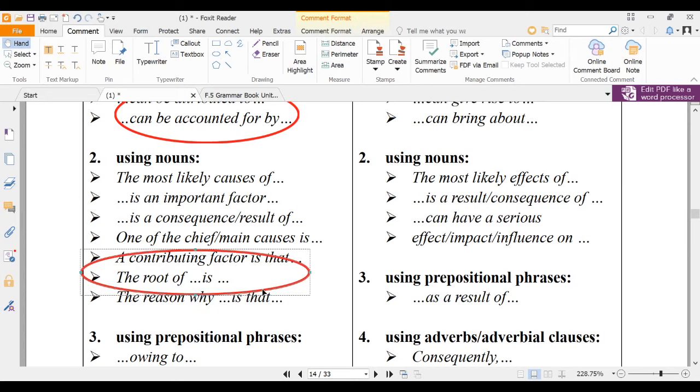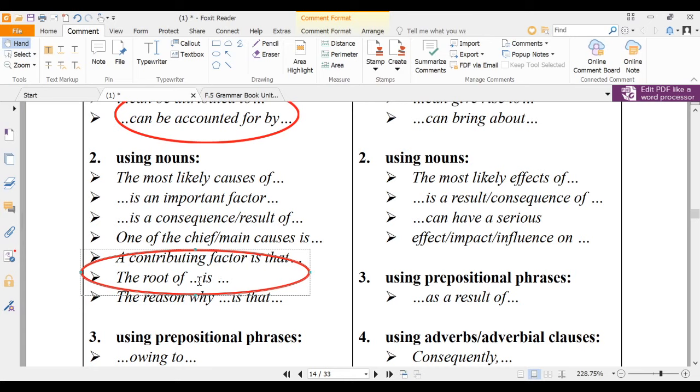The contributing factor 真正咧導致嗰樣嘢個因素 we call it the contributing factor 或者咧係個問題嘅根源 the root of the problem or the root of the situation or the case. So these are really good, but you need to know what you're doing.